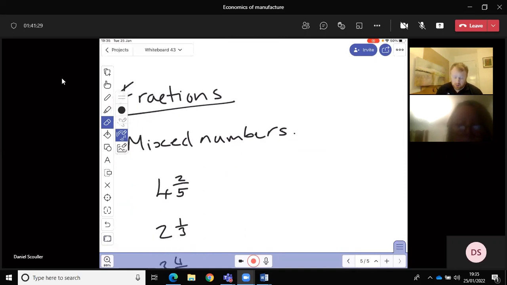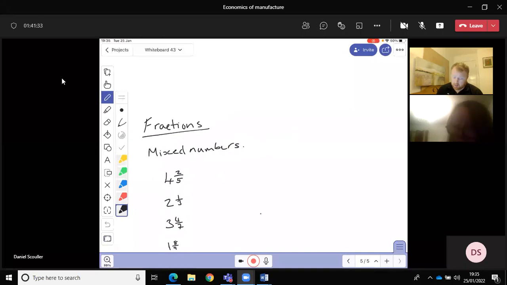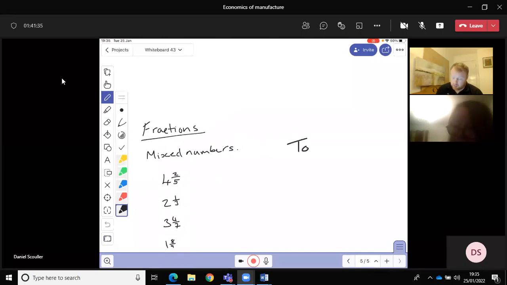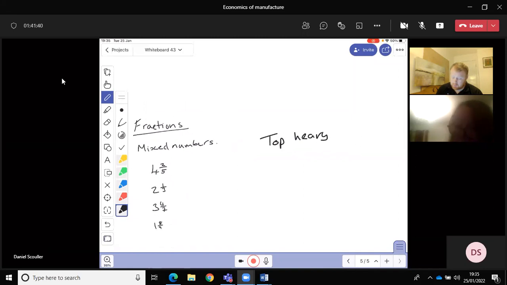So how can we solve that? Well, we create something called a top heavy fraction. A top heavy fraction is when the number on top is bigger than the number on the bottom. So the numerator, the top number, is higher than the bottom number, the denominator.